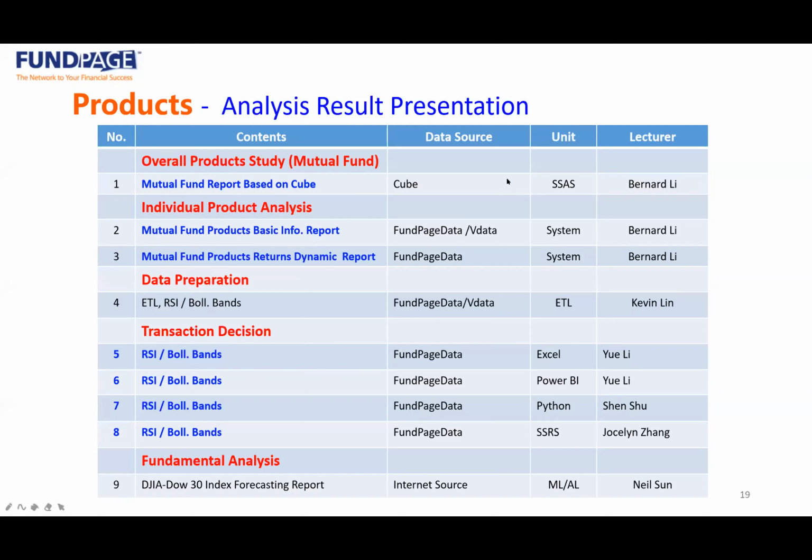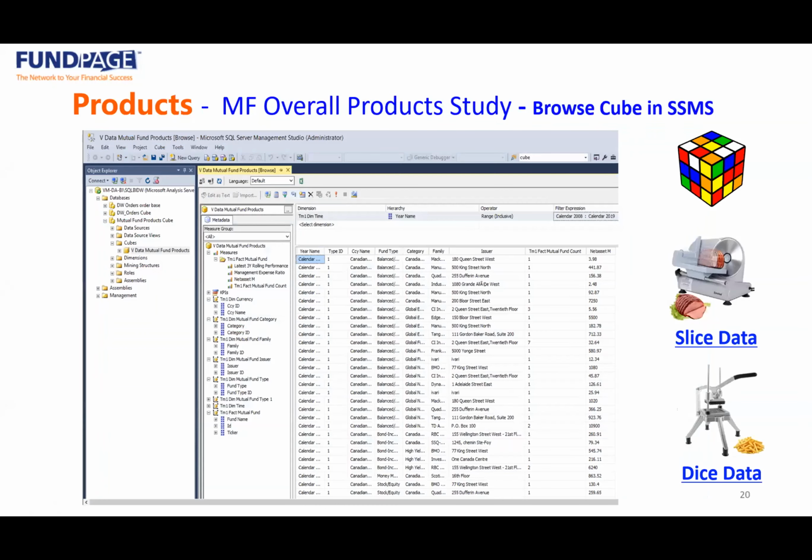The first part is SSAS. We design a cube to conduct the overall products study. The cube is the tool, or service, to slice and dice data into granular, small cells.